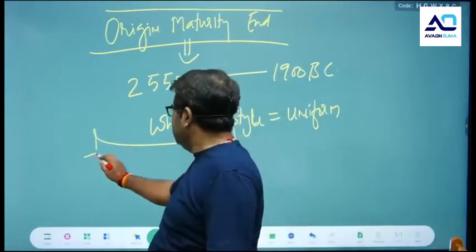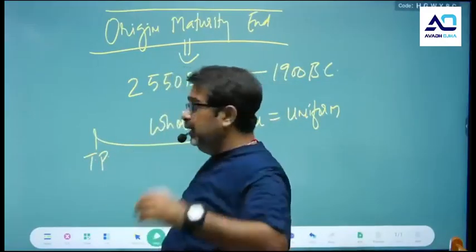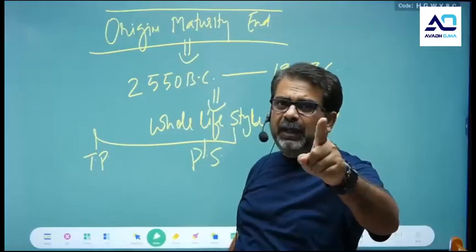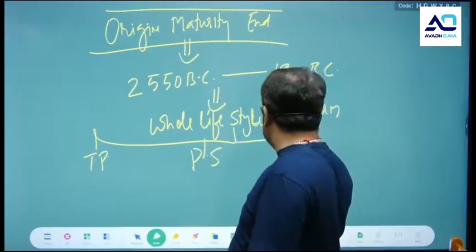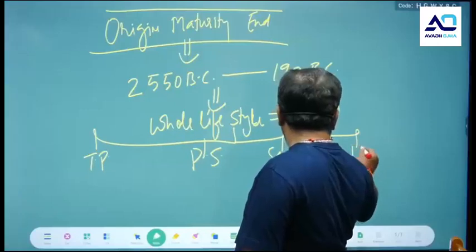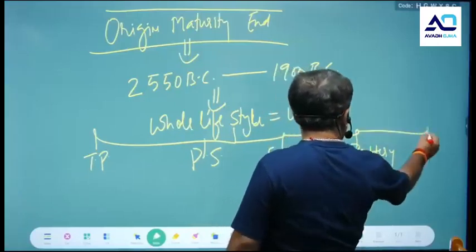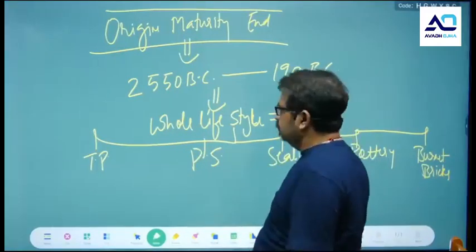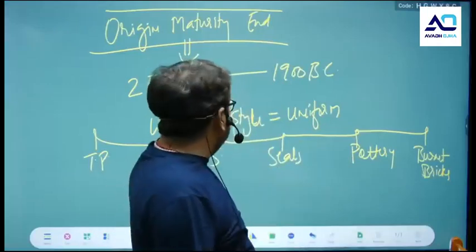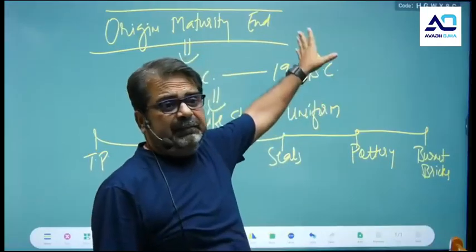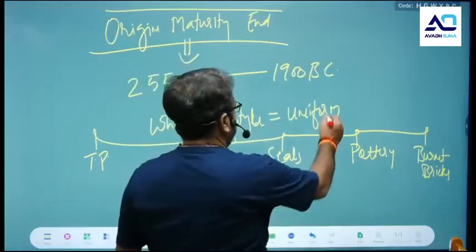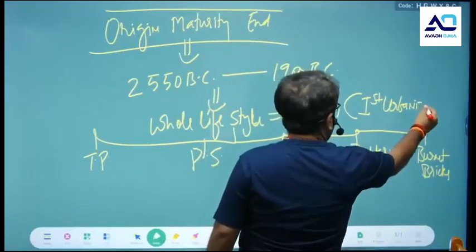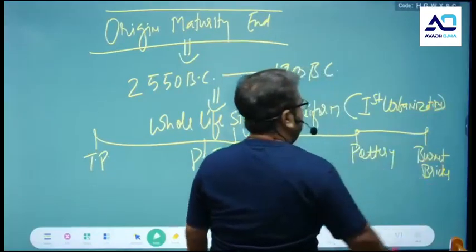Town planning, drainage system, seals, pottery, burnt bricks. 2500 BC to 1900 BC, first urbanization of ancient Indian history.